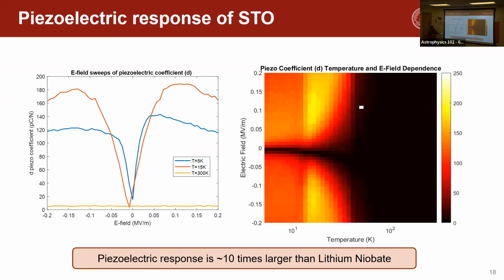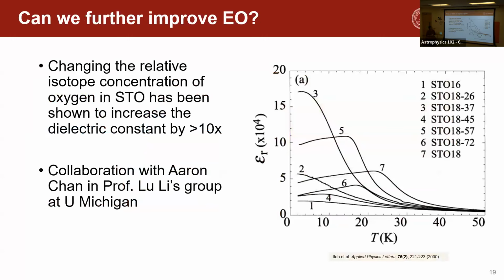But before I get to that, I want to also point out that we're trying to see if we can further improve these properties by doing some additional materials research on this strontium titanate.